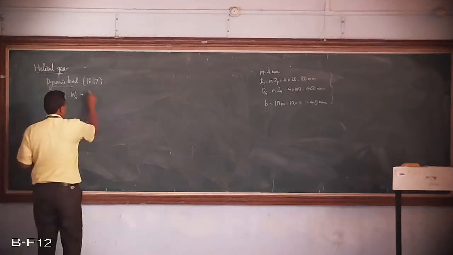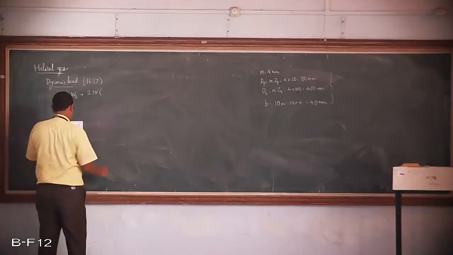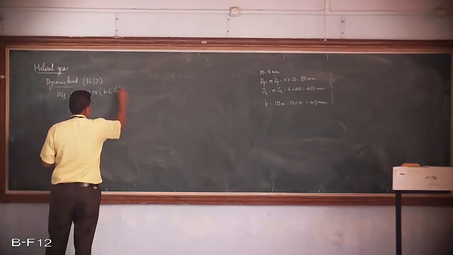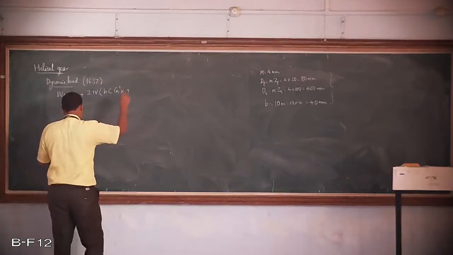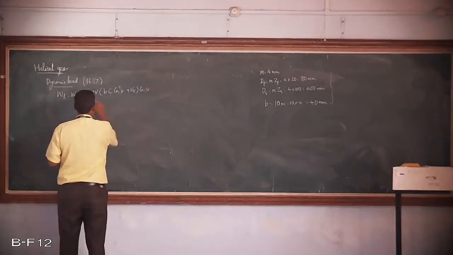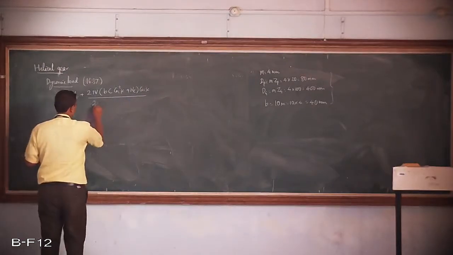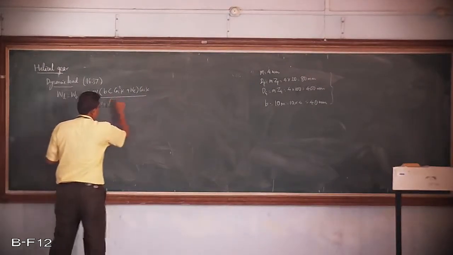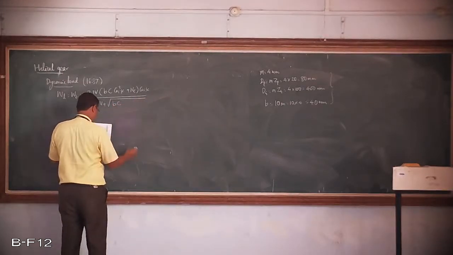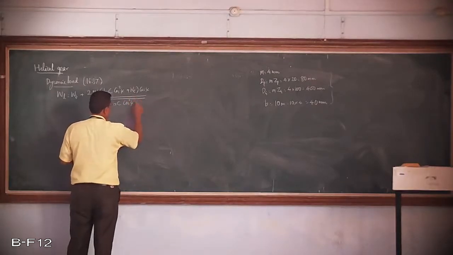What is that incremental part? It is given by 21 times the velocity into (BC cos square psi plus the tangential load) into cos psi, divided by 21V plus root of (BC cos square psi plus WTS).